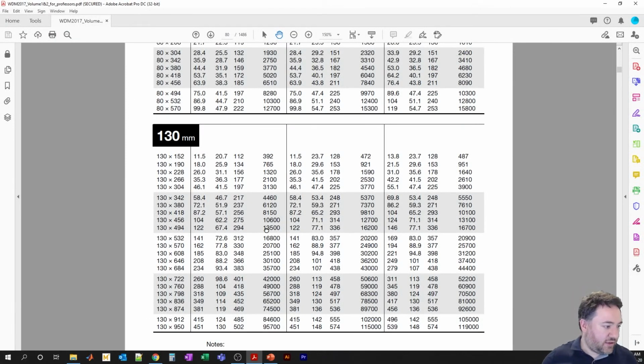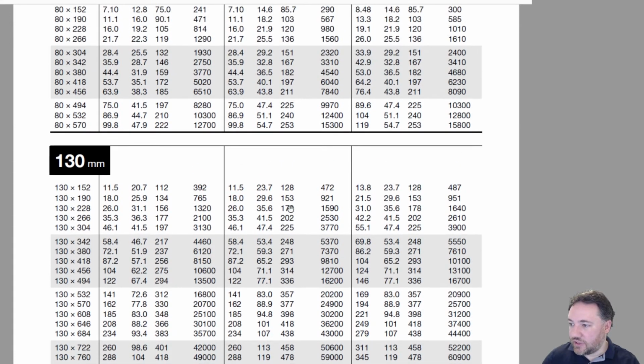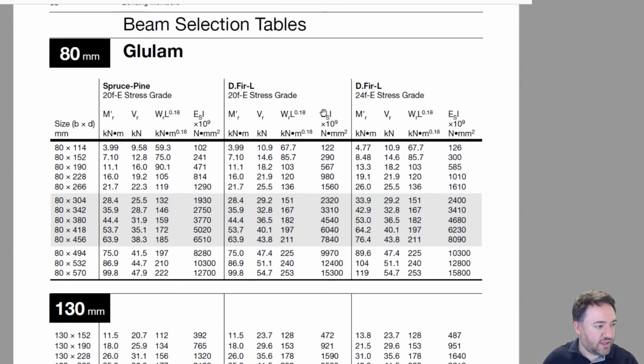Okay, so coming back to this one, we're looking at this 130 by 646. So MR is okay. VR is mostly okay, and we think we're going to be able to satisfy that number. And this is the EI. If you look up here, the EI is in times 10 to the 9 Newton millimeters squared.